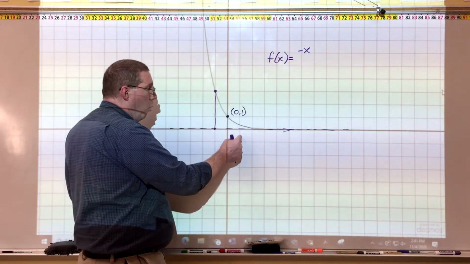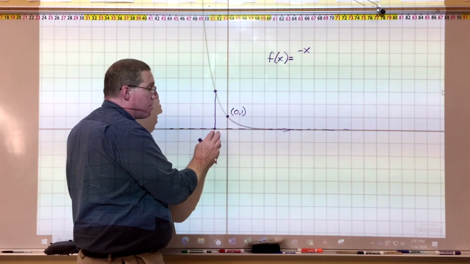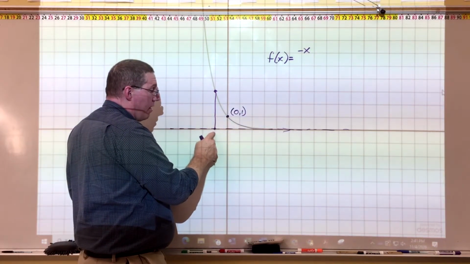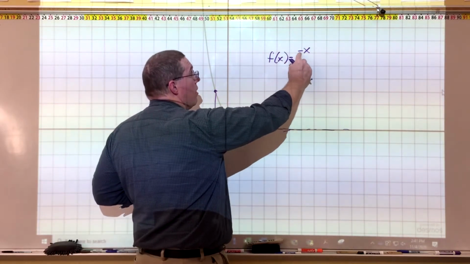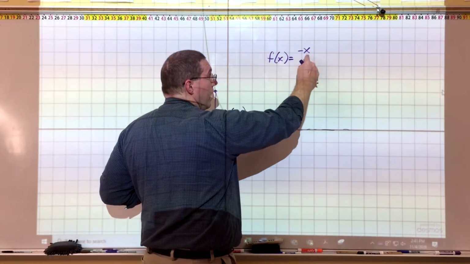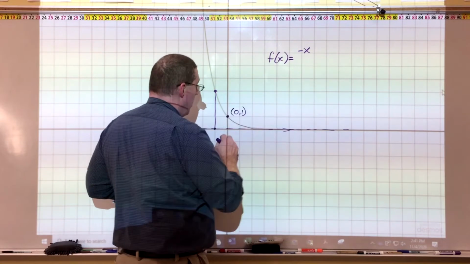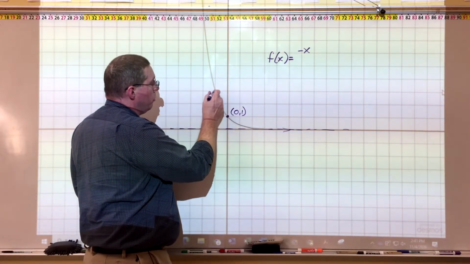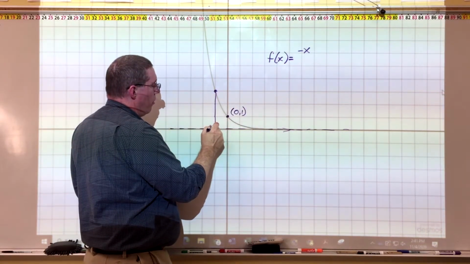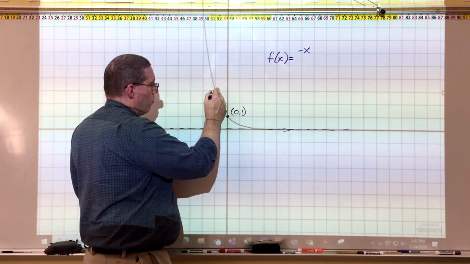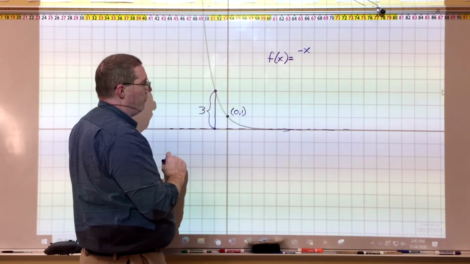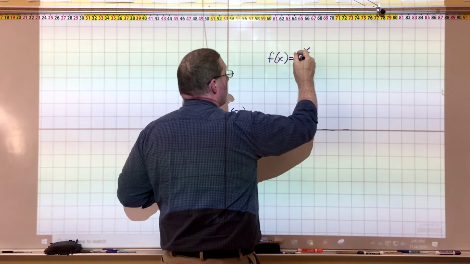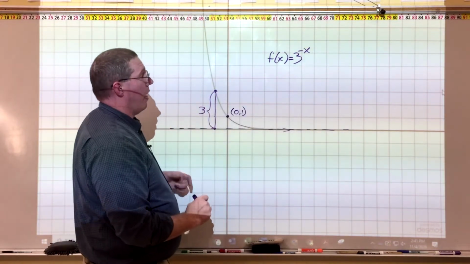So for example, like 1, 2 or 1, 3, but in this case it's -1. The reason it's at -1 instead of 1 is because this negative on the x is going to reverse the -1 to a +1. Okay? But the distance here is 1, 2, 3, and therefore this distance represents the base of the function, which is 3. And therefore this is 3 to the negative x power.